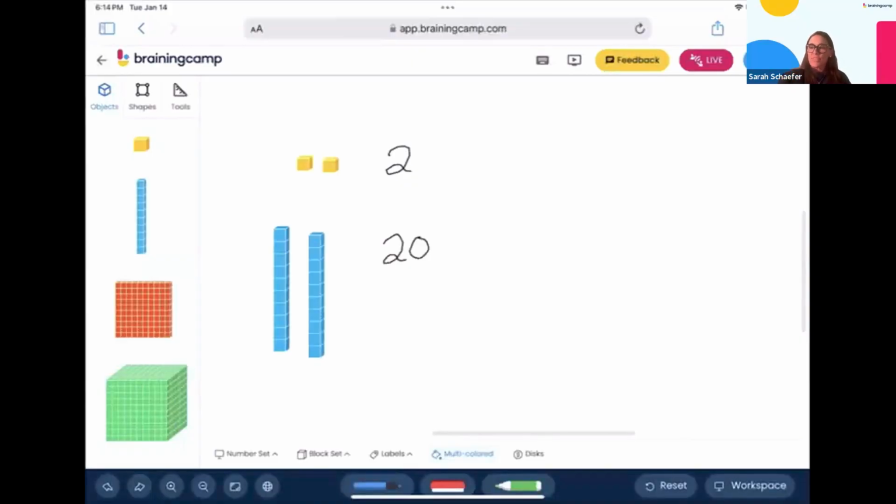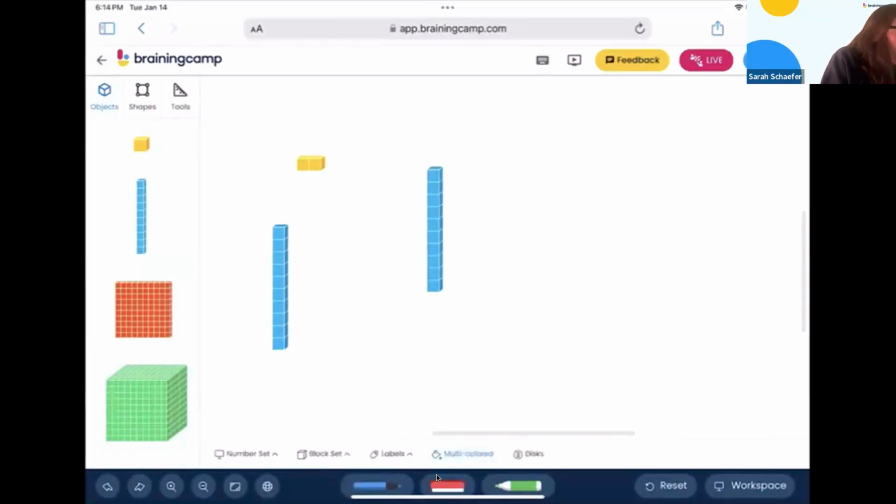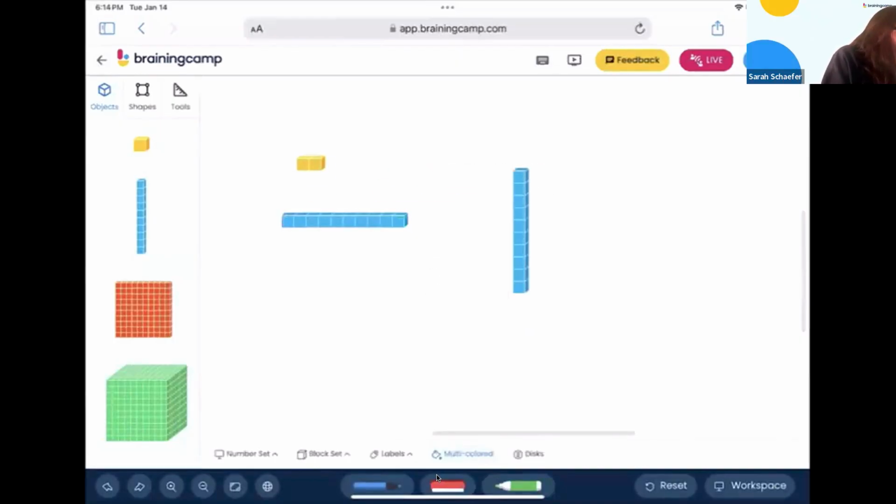All right, Liz, thanks for that. So 20 is 10 times as much. And I want you to think with this visual model, how are we going to show that idea of 10 times as much? And so if I rotate here, we can see, well, we have 1, and you can count 2, 3, 4, 5.